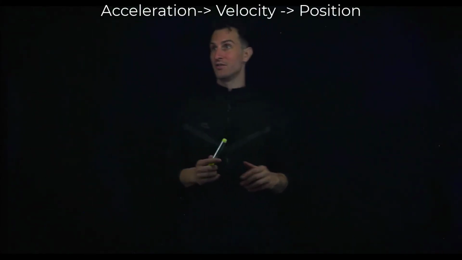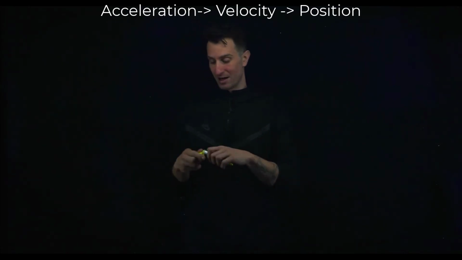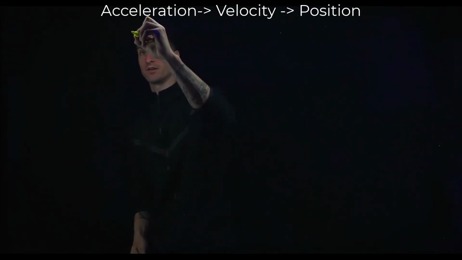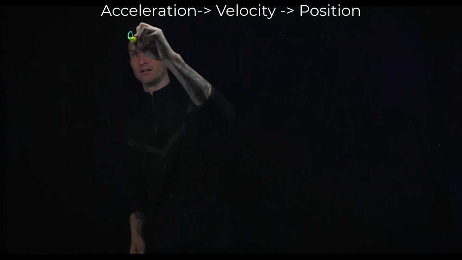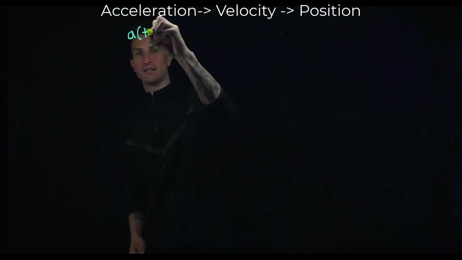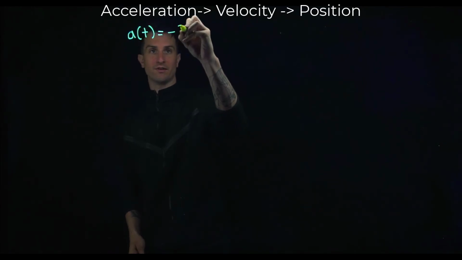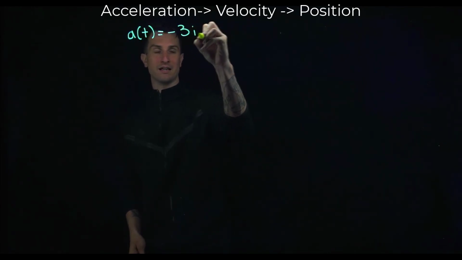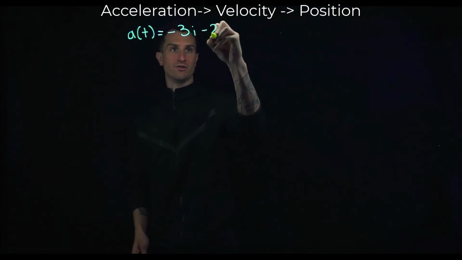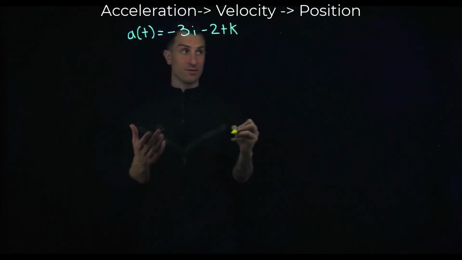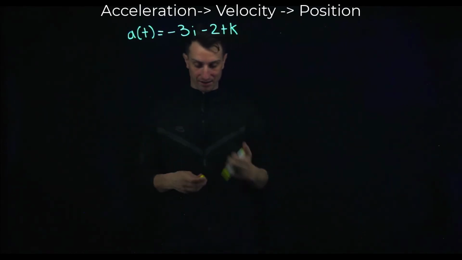All right, let's do this final application problem in which I'm going to give you the acceleration vector. So we'll say A of t is going to be equal to negative 3i minus 2tk. And I'm going to give you some initial conditions. We're going to need these down the line.